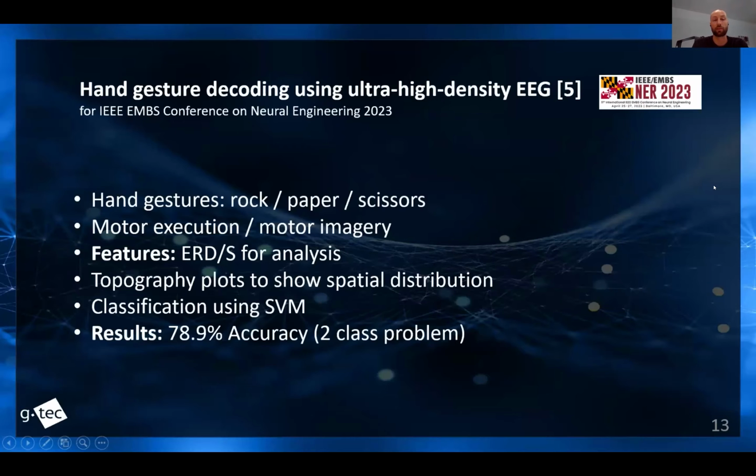So with that, we also concluded other experiments, for example, here the hand gesture decoding, where we did hand gestures like rock, paper, scissors movements of the hand. We did both motor execution and motor imagery. And then we plot topographies and did a classification.